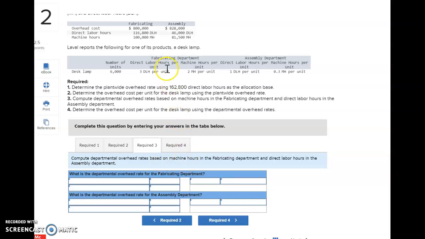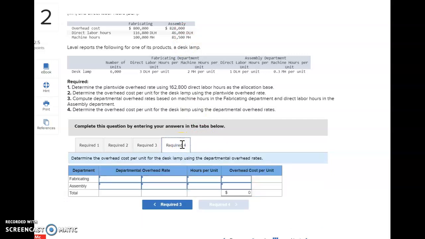So we'll use the fabricating department's machine hours to get the overhead rate per machine hour in the fabricating department. Then we'll take the assembly department's overhead, and we'll divide that by the activity base for assembly, which they tell you is direct labor hours. So we'll divide that by the assembly's direct labor hours. And so then for assembly, we'll have a rate per direct labor hour.